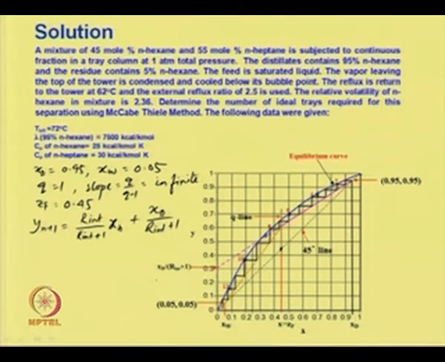So, the intercept x_D by R internal plus 1 would be equal to 0.95 by 2.07 plus 1, which would be equal to 0.31.